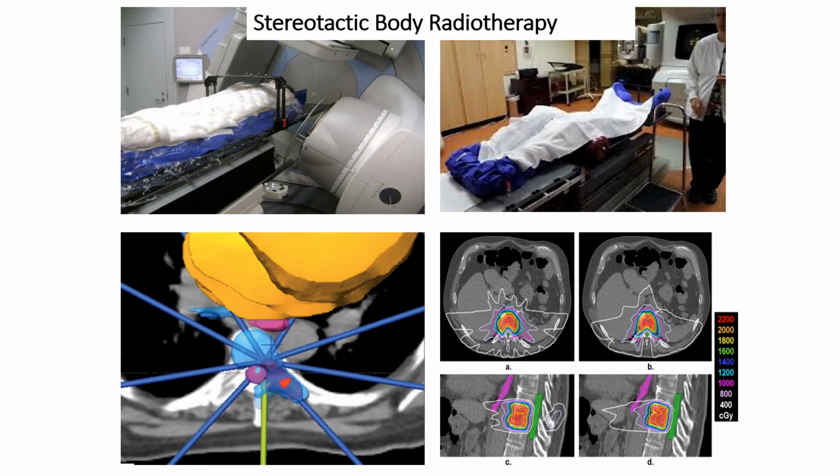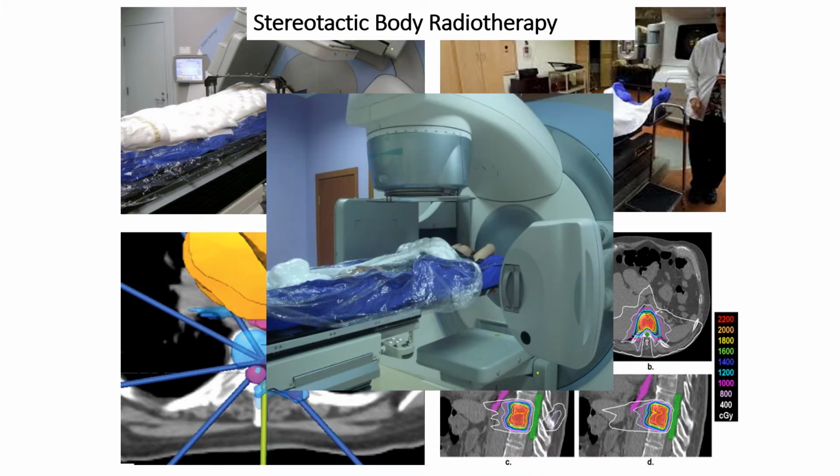Unlike conventional radiation, which is usually given in 20 to 35 fractions, SBRT can be completed in no more than 10 fractions. SBRT is given, for example, to hepatoma cases, prostate cancers, and also for partial irradiation of the corpus vertebrae in bone metastasis cases.